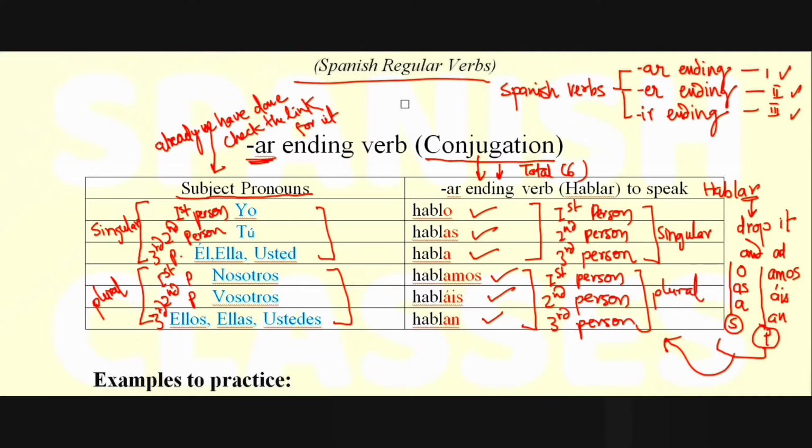Finally, we can say we have 6 conjugations of any Spanish verb.